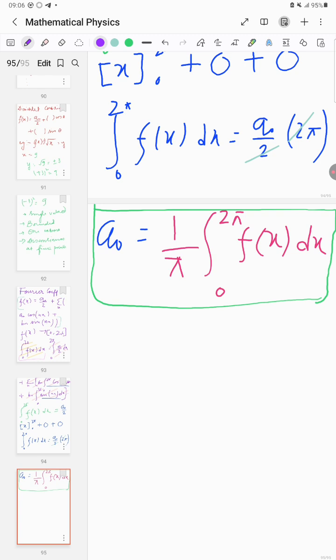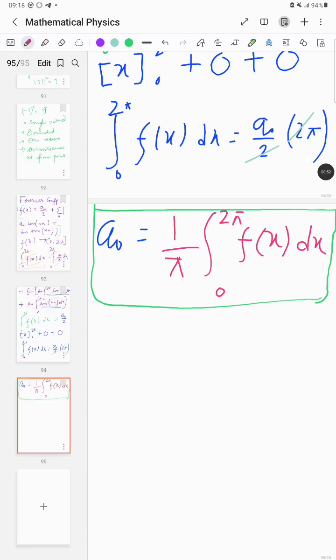Alright. Now similarly, we'll look for an and bn as well. Let us try finding out an and bn. We have basically three constants, a naught, an and bn.